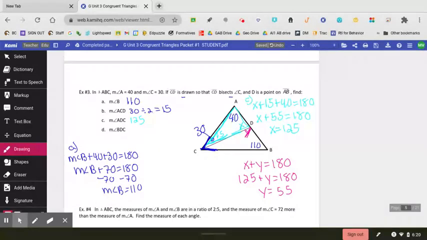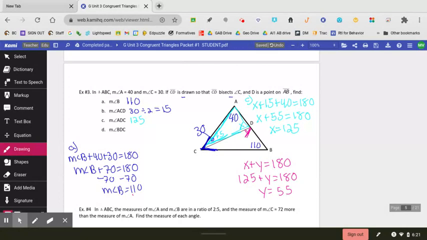Okay, so the first thing I did to find the measure of angle B is I looked at the large triangle. So I knew the measure of angle B plus A plus C equals 180. So measure of angle B plus 40 plus 30 equals 180. I solved that and found measure of angle B equals 110.